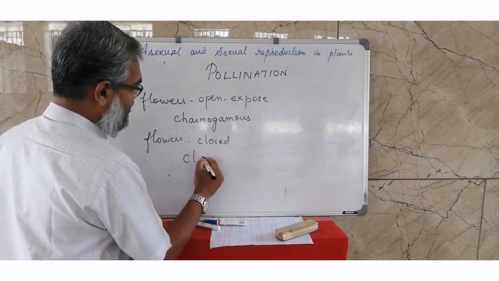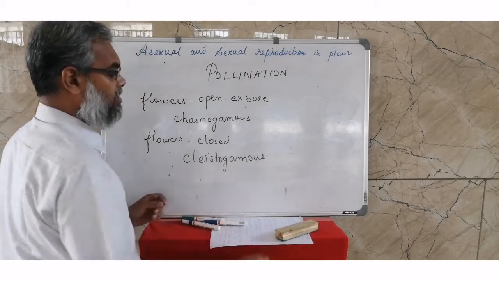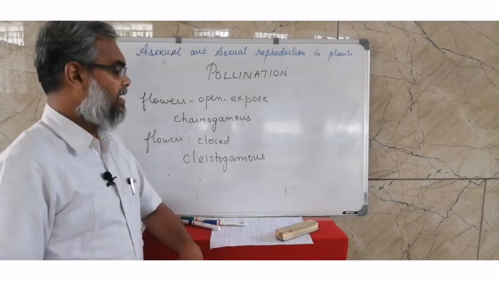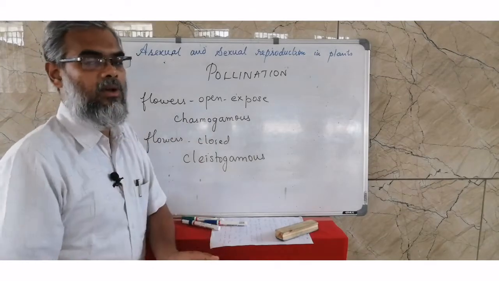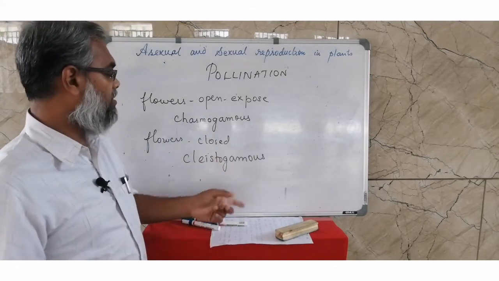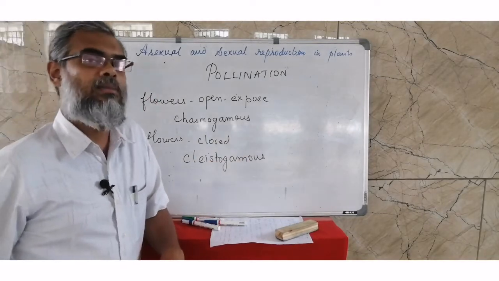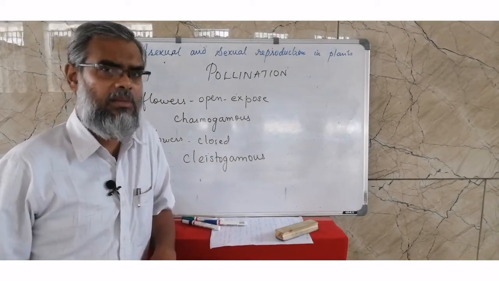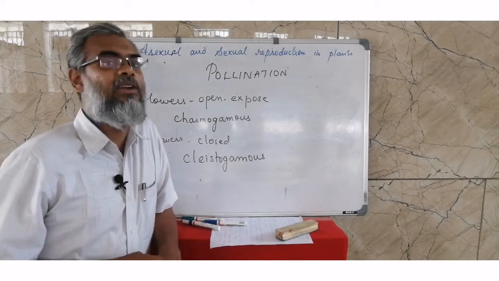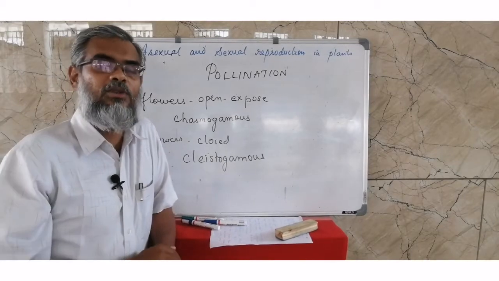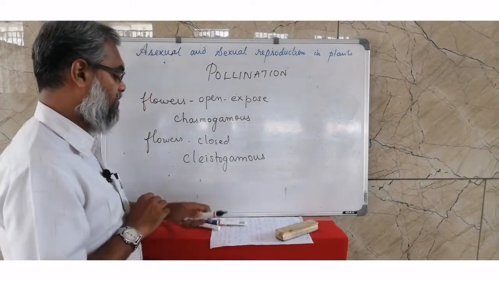That is said to be cleistogamous, and the process is called cleistogamy. So in chasmogamous, the flowers open and then pollination occurs; cleistogamous flowers are closed. Do you remember? We studied this term in the endothecium, in the anther wall, where we discussed cleistogamic flowers.